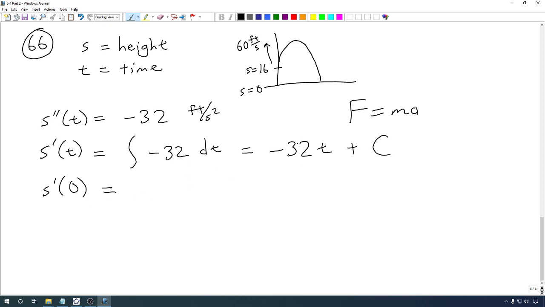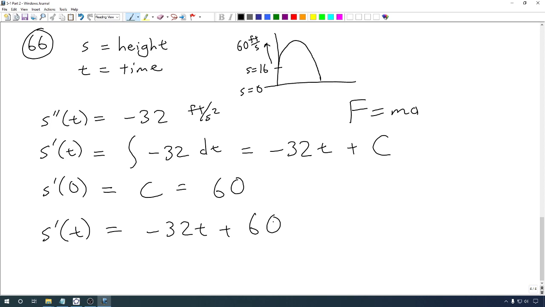But if we plug 0 in here, then we get a negative 32t, that part's 0, but we get a c. We just get that plus c, and that c should then equal 60 in order to match the information they gave us. So our velocity function, s prime of t, is negative 32t plus 60.